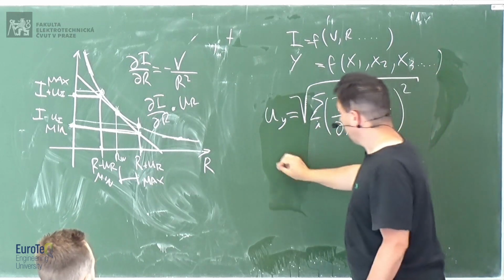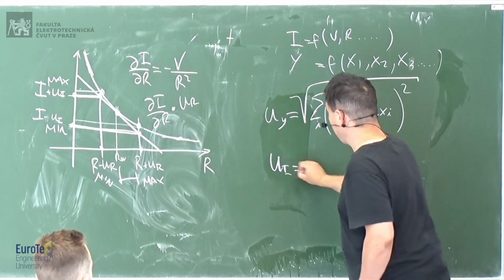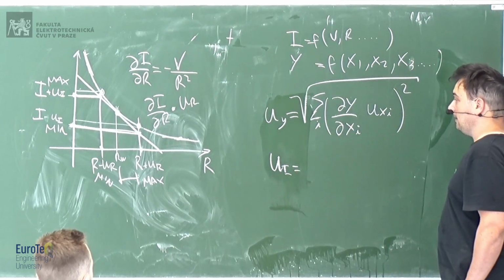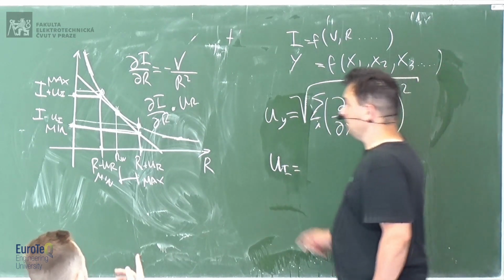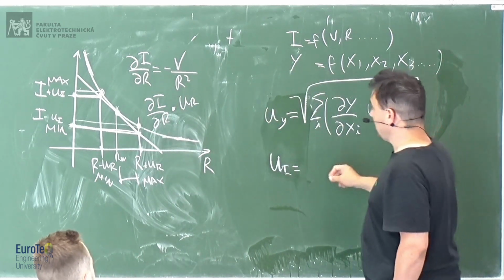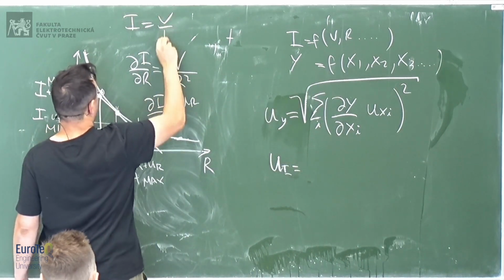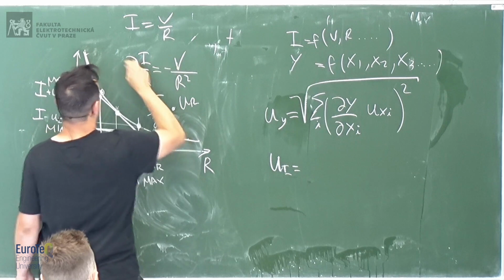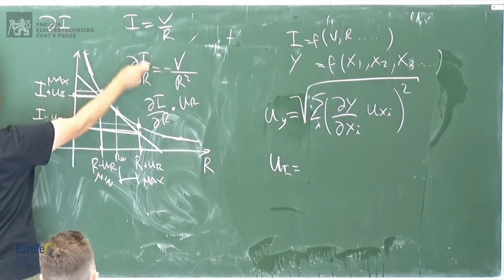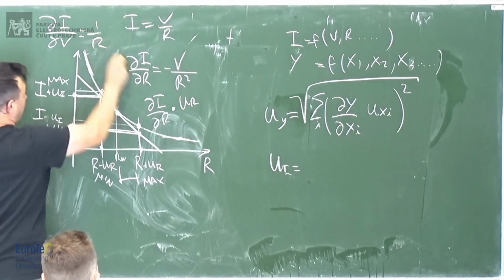So, for instance, if I have the uncertainty of the current, okay? And these units still stay the same. Exactly. Remember, the current is the voltage divided by the resistance, and the derivative of the current with respect to the voltage is 1 over R, okay?